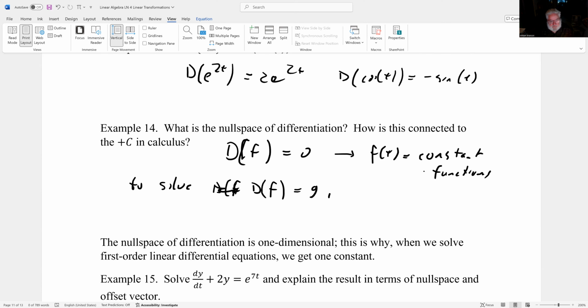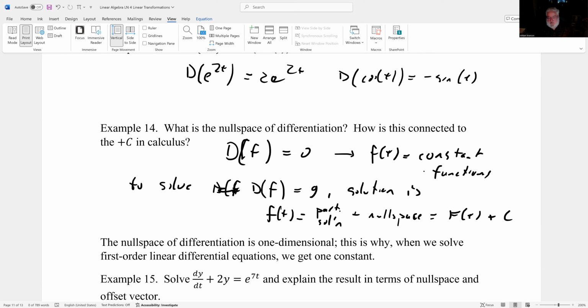Well, if we want to solve the derivative of a function equals a function, the solution is f of t equals a particular solution plus the null space. A particular solution plus the null space of the derivative. And so the plus C is just the null space of the derivative.